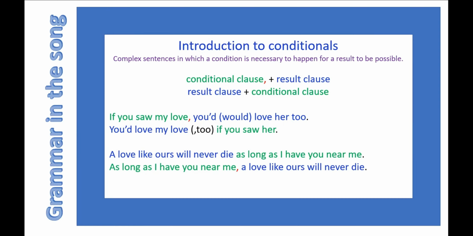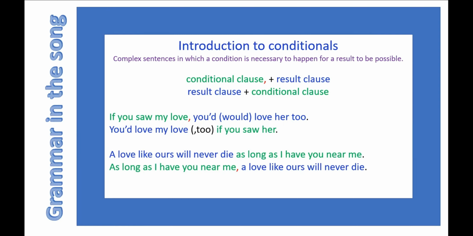Another example of conditionals is this. A love like ours will never die as long as I have you near me. Whenever you are near me, our love won't die. We can also change the position of the clauses, but in this case, we need to add a comma.